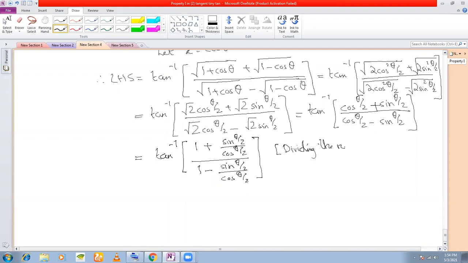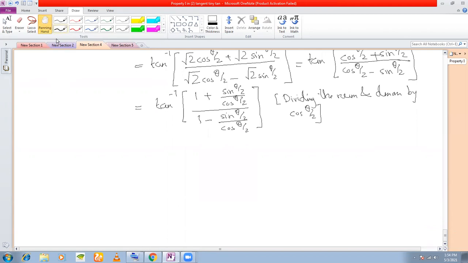So this becomes tan inverse of (1 plus tan theta by 2) divided by (1 minus tan theta by 2).